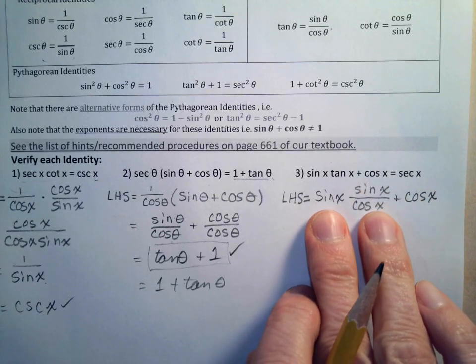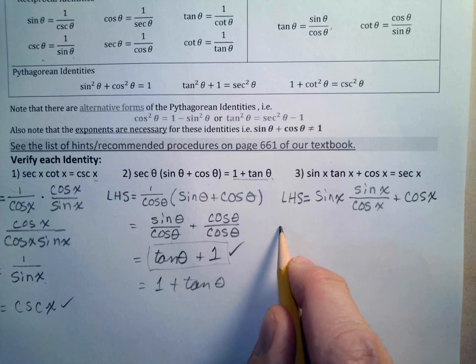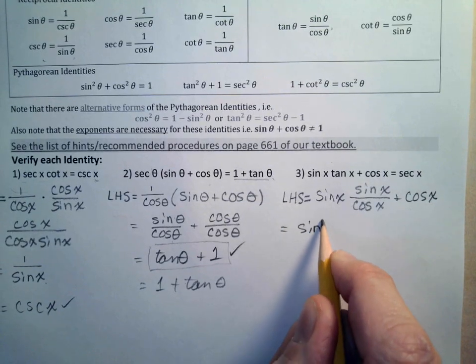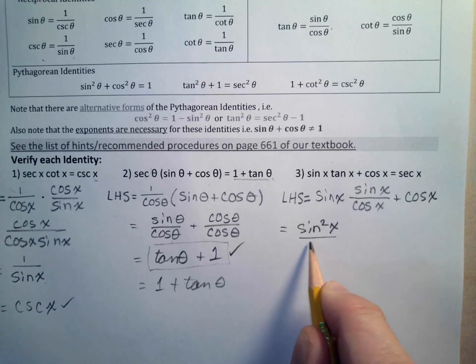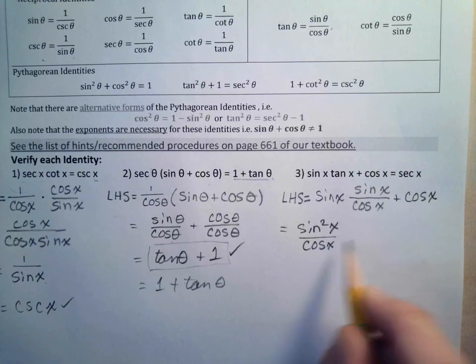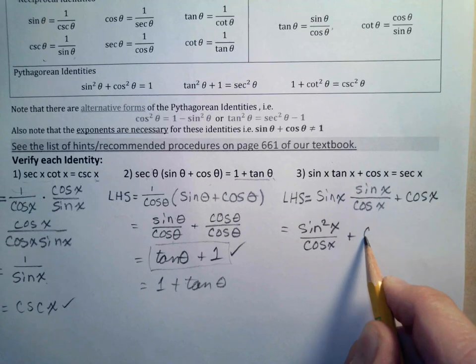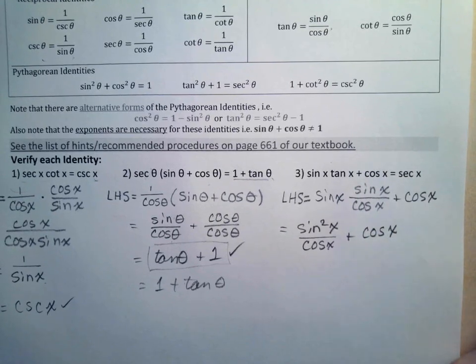I can certainly put these together, multiply them. That gives me sine squared x over cosine x plus cosine x.